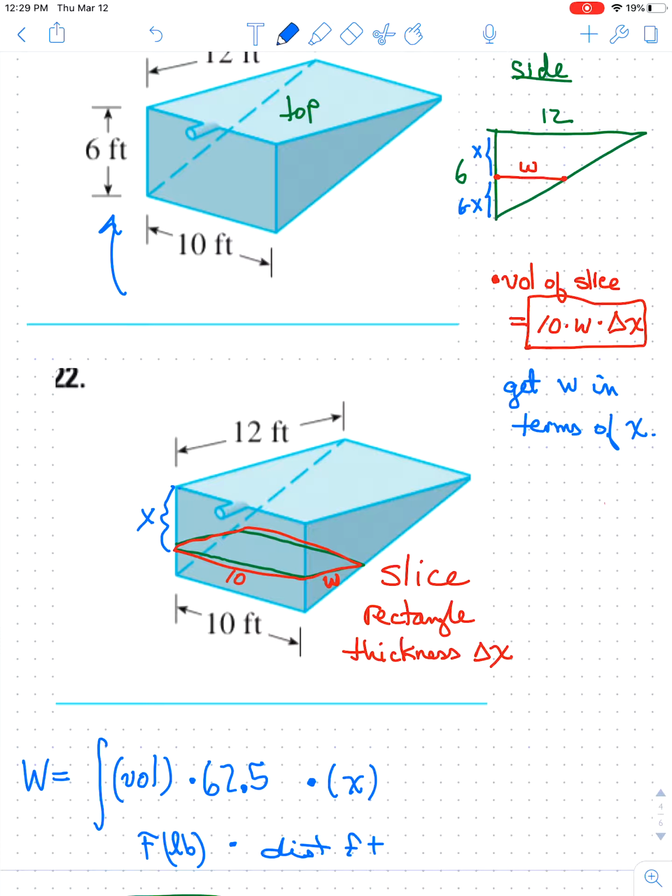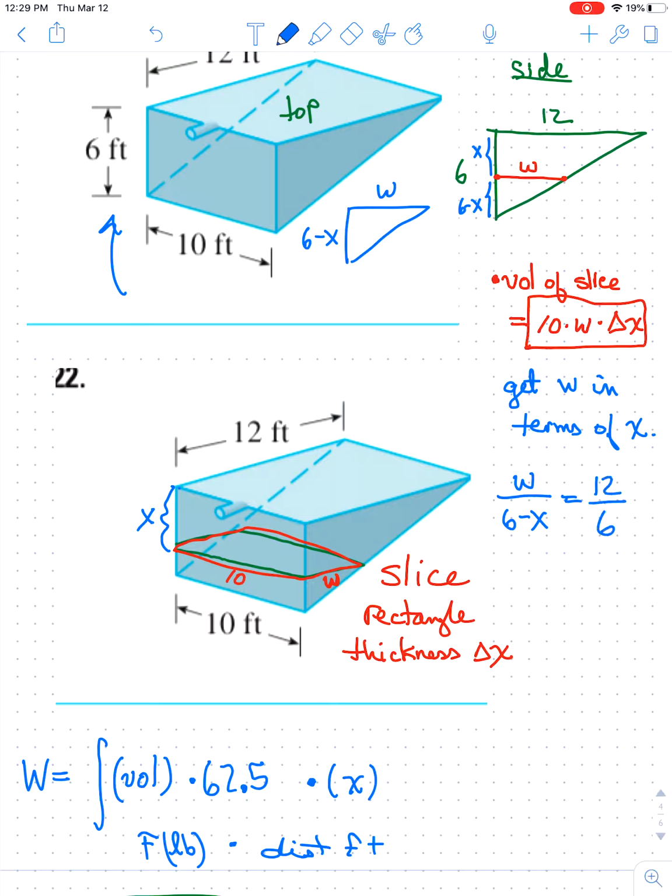So to do that, we're going to look at our picture up here. I'm looking at this triangle in the upper right, and I see I have two similar triangles, right? On the big triangle, I have something that's 6 by 12. And on the smaller triangle, I have something that's w by 6 minus x. And so what must be true if I divide, say, the top by the side? That's got to be the same for both triangles.